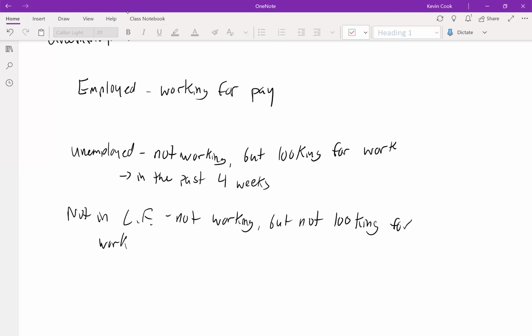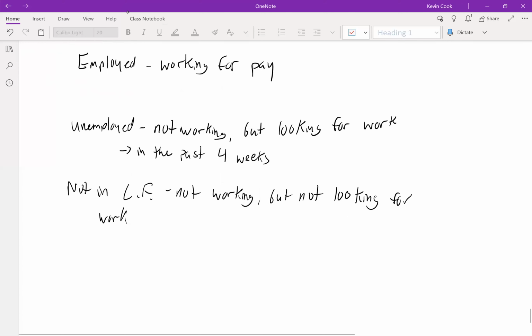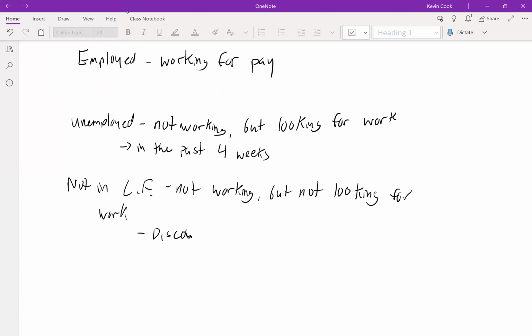And these folks who are not in the labor force got sorted out into a couple popular examples that we had. So these would be our discouraged workers, our retirees and students.